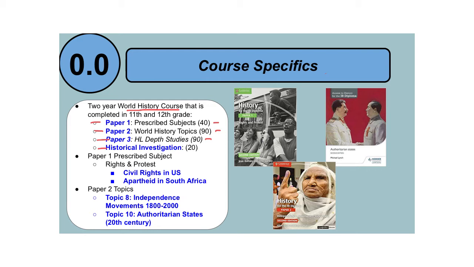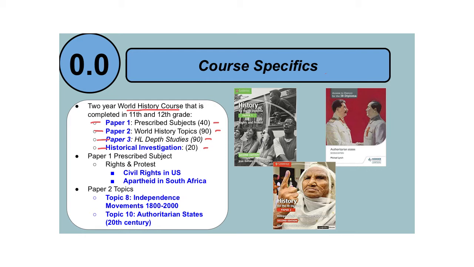And then all students, regardless of whether you're taking the course at the HL or SL level, must complete a historical investigation that requires us to spend 20 hours of time in class working on that. So those are your 4 major components that we will complete in this course.